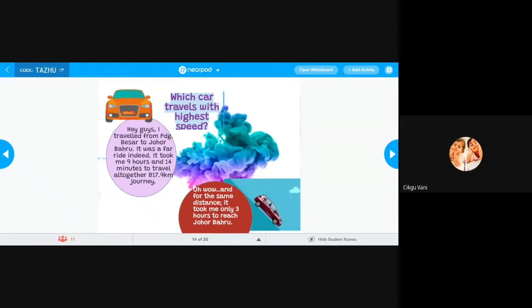But the orange car took 9 hours and 14 minutes, while the red car took only 3 hours. Same distance, why is the time different? What caused the time to be different? Speed. Now, which one has the highest speed? Orange car or red car? Red car. Why are you saying so?